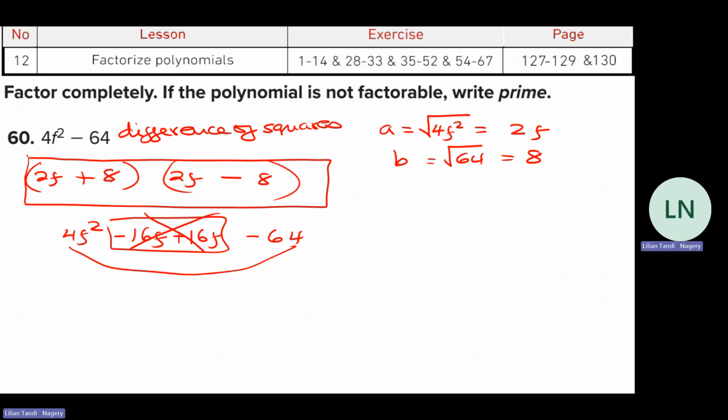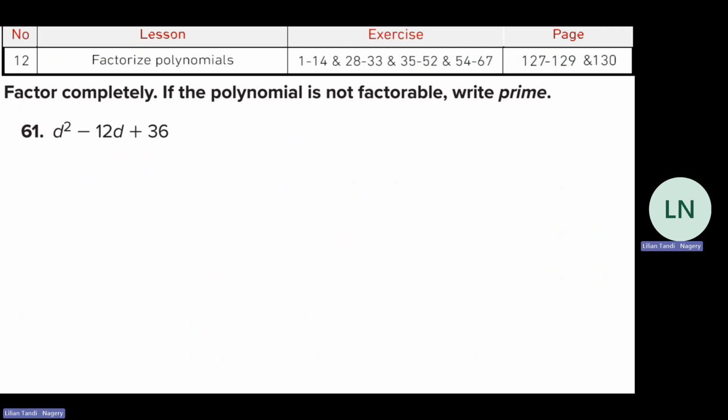Okay. I can do this 2 different ways. Actually, I can do this 3 different ways. If I want to do jadwal, I'll do jadwal. So we have B equals negative 12. AC equals 36. Negative 1, negative 36.